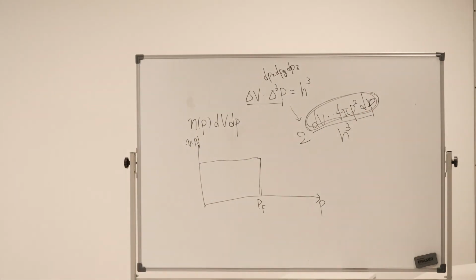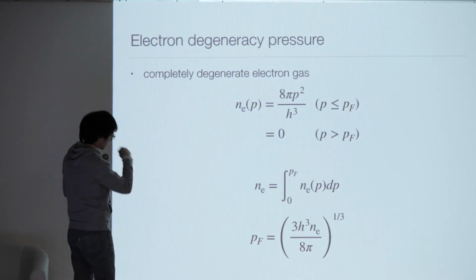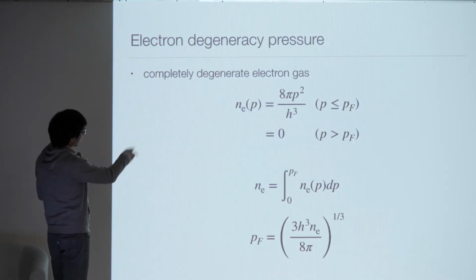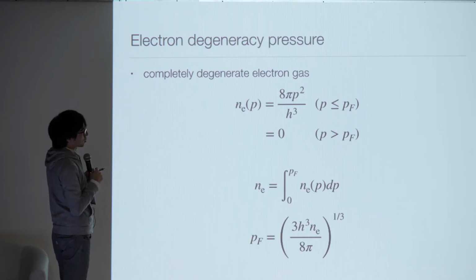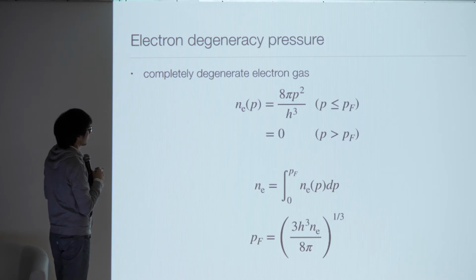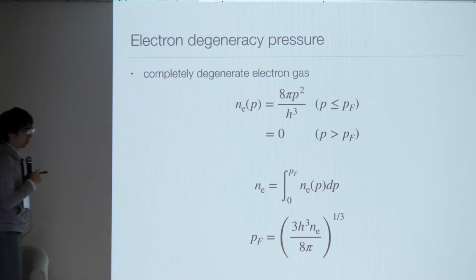We can imagine this kind of situation, and then the total number of electrons can be calculated in this way, and the highest pressure you have can be written in this way from the electron number density.